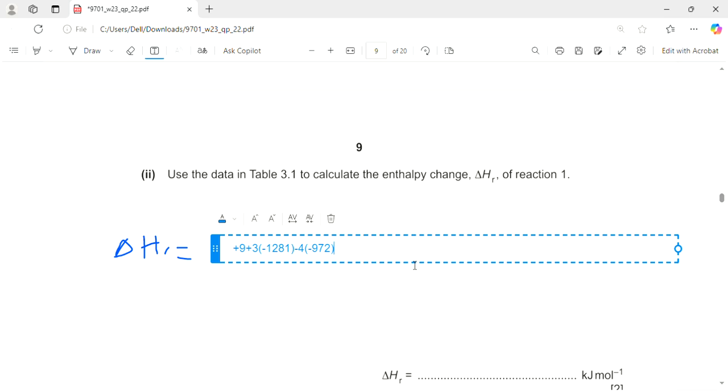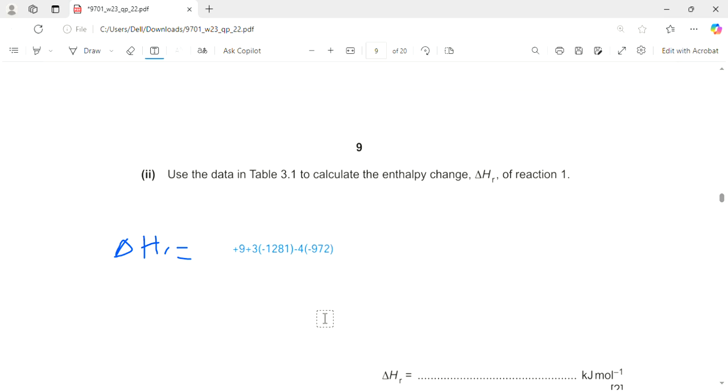Okay, positive, we'll get positive 54 kJ per mole.